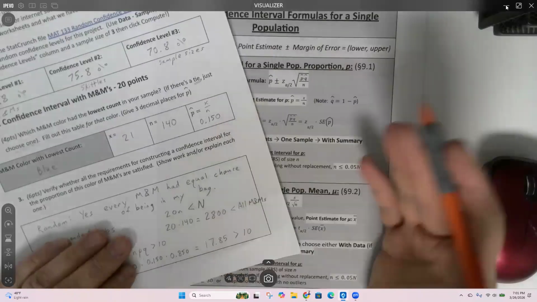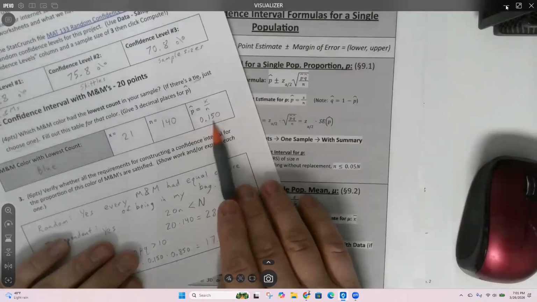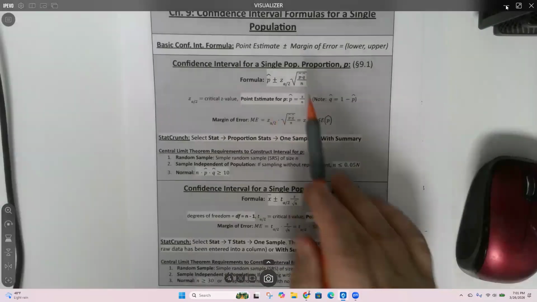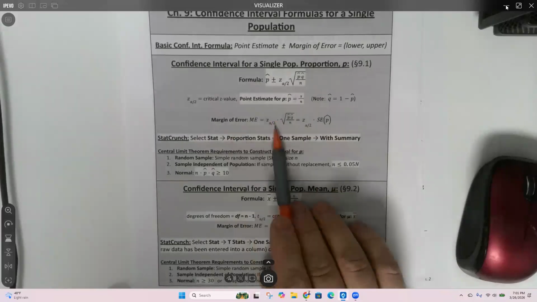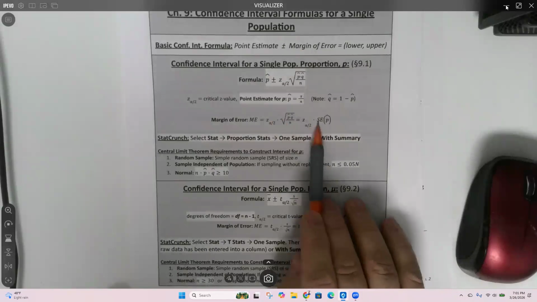I have an error of some number, right? And I'm hoping that my error is small enough that the true value is going to land somewhere in that range, okay? So the calculation for the error is this crazy thing, which still looks complicated, but it's not. It's just z alpha over 2, which we've talked about in chapter 7, times the standard error, okay, which we've also talked about in chapter 8, okay?